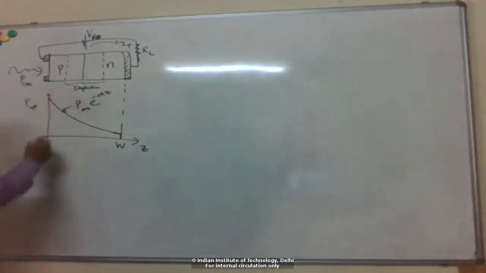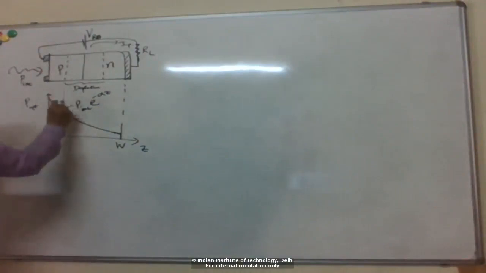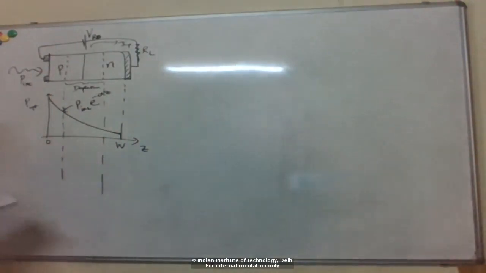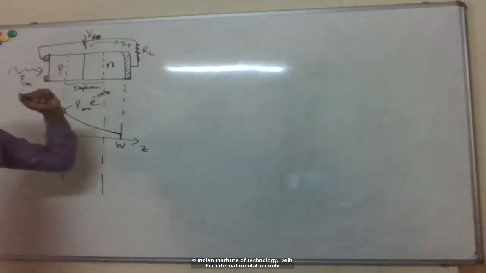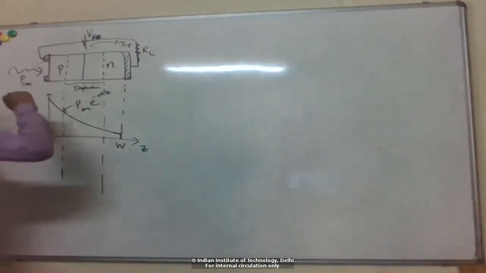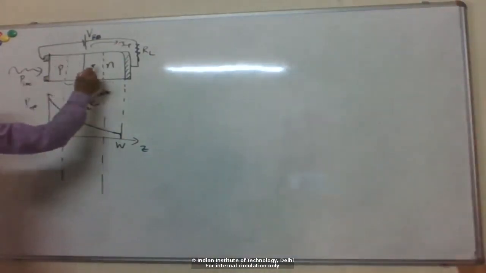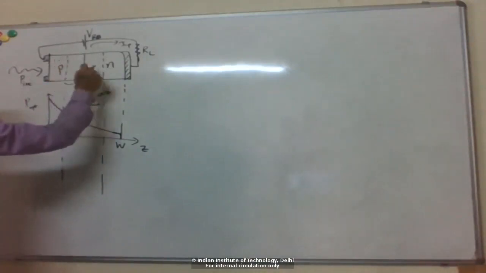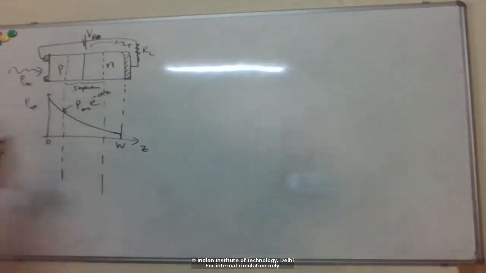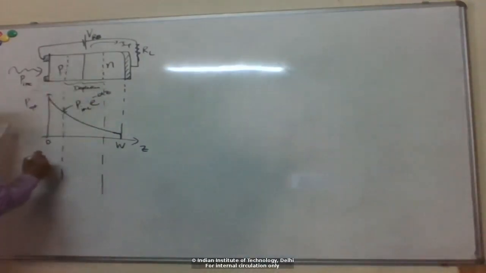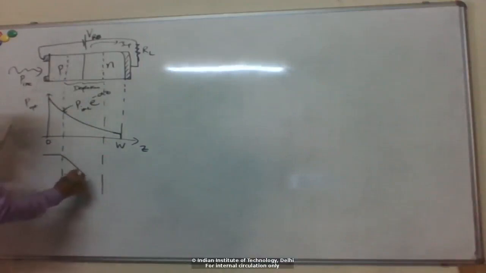Okay, and so if you look at the band diagram. You know that because of this charge transfer happening, there is an electric field set up, right, in the depletion region.